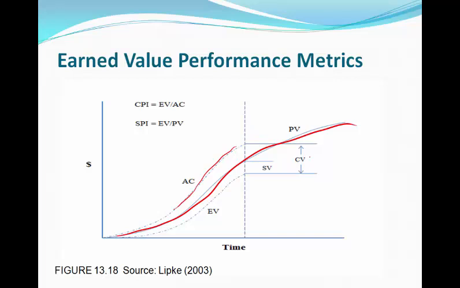So cost variance is equal to earned value minus actual cost. So when you do this calculation, if you get a positive number, it means that you're ahead, you're under budget. You're not spending more than you should be spending. If you get a negative value, it means you're spending way more than you should be spending on this project. And that's how you would determine your cost variance.